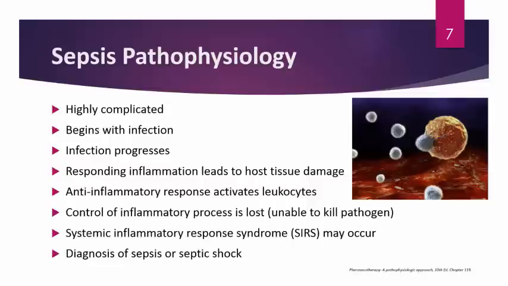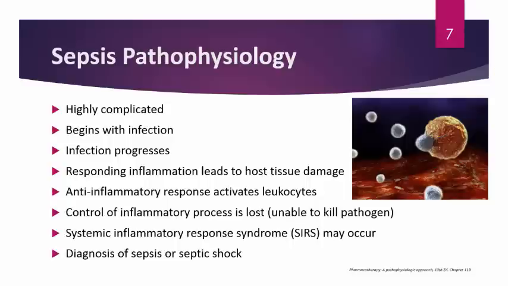Now, those leukocytes will try to fight off the infection, but one of two things can happen at this point. Either the infection is outweighing the immune system's response, or the patient may be potentially immunosuppressed and may not be able to fight off the infection adequately.